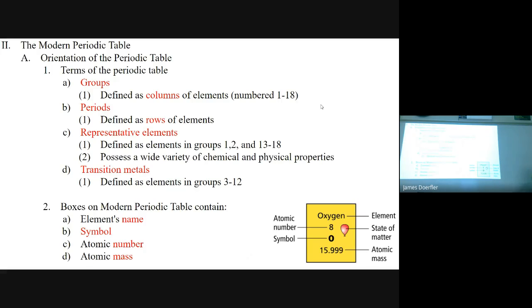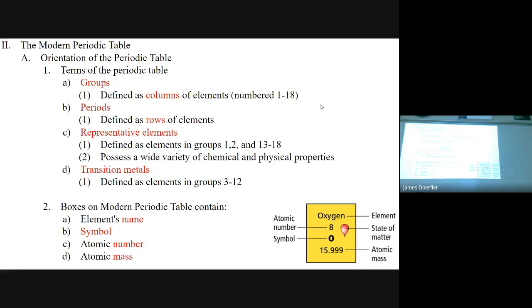So on all periodic tables, you have the elements. We have these element symbols contained in these boxes, and in these boxes, you have the element's name, the symbol, the atomic number, as well as the atomic mass. Now, those are just basic bits of information that you can find.